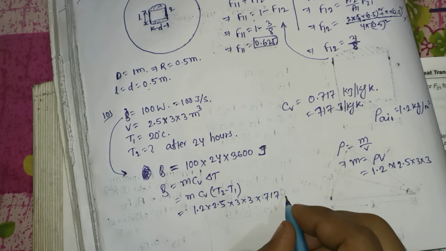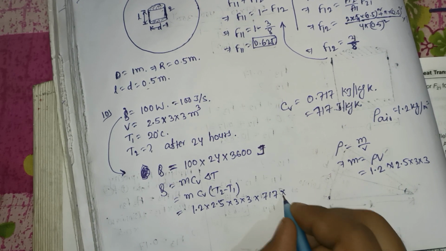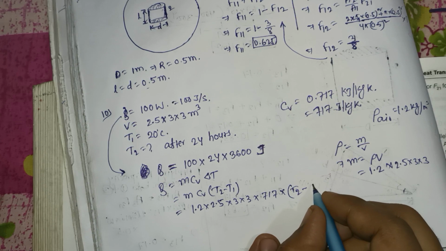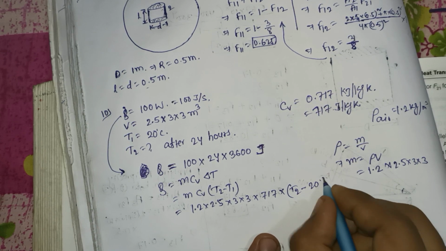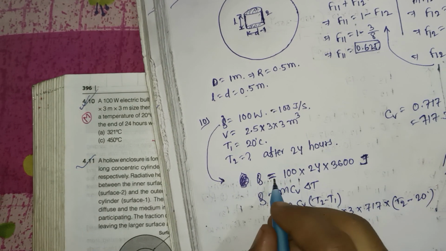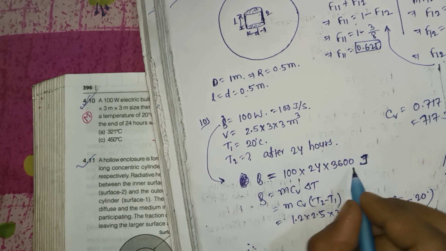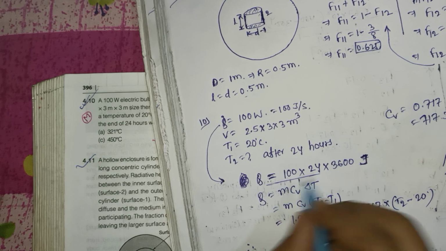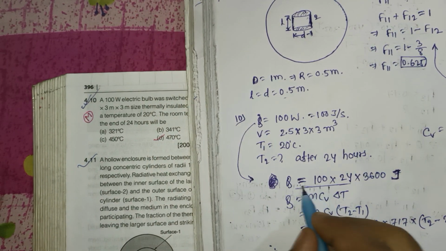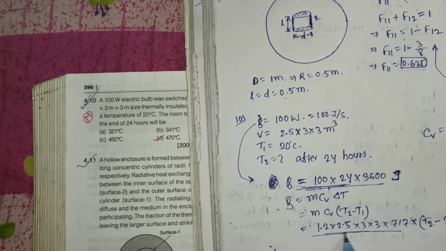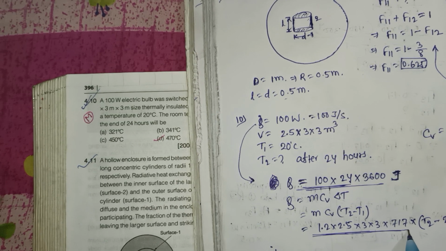So from here this is 717 into T2. You have to find out this value, T2 minus T1. T1 is 20 degrees. So you can say that heat supply by the electric bulb is equal to heat gain by air inside the room.